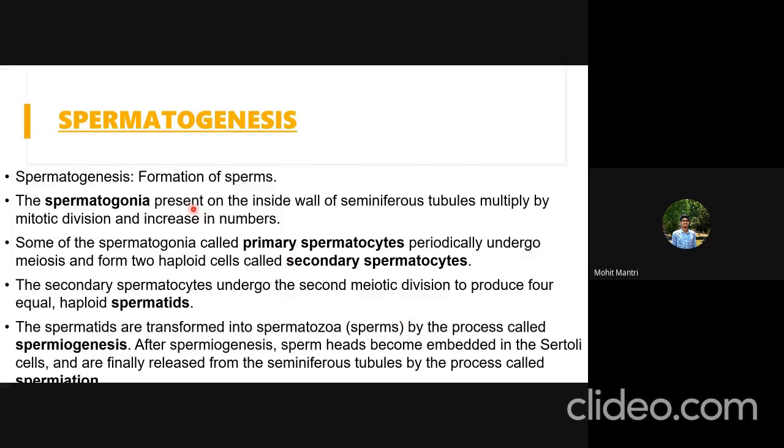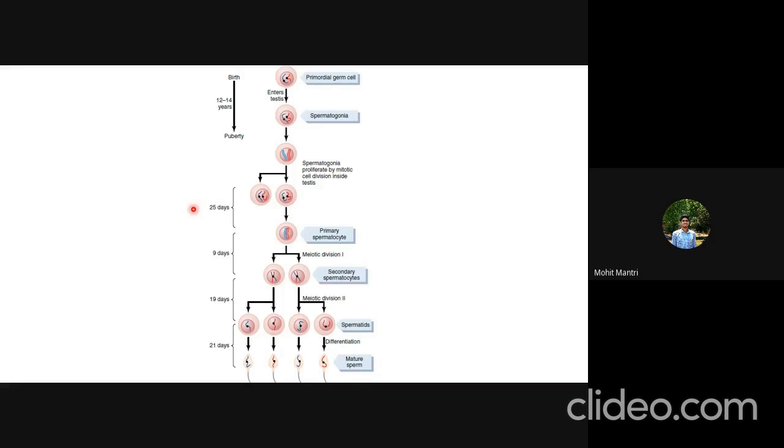Now, initially, there are some primordial germ cells in the embryo, which are determined to become the gonad cells, that is, the cells of the gonad of the male. These primordial germ cells migrate to the testes during embryogenesis and then become germ cells known as spermatogonia.